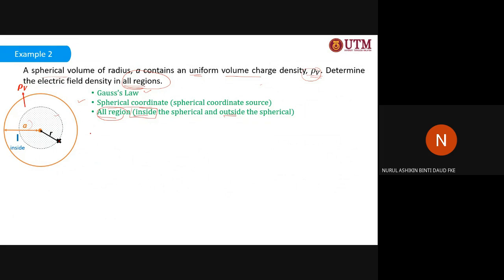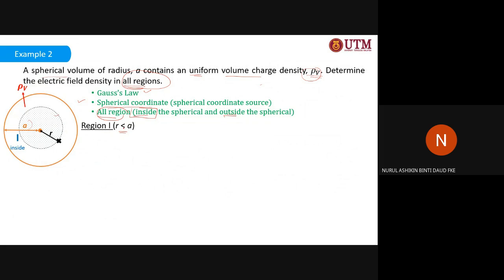Okay, so I denote it as region 1, which is inside the sphere. This calculation is true when the radius of this Gaussian profile is less than the radius of this sphere.